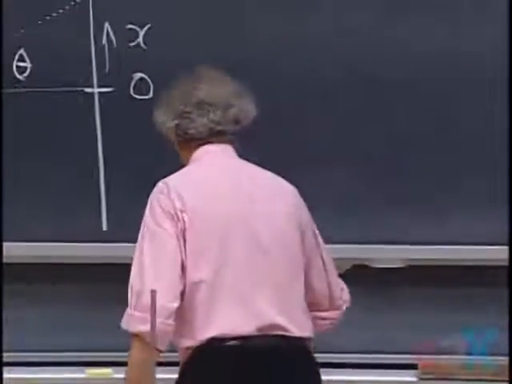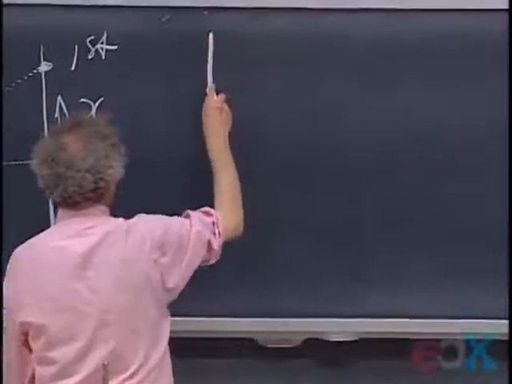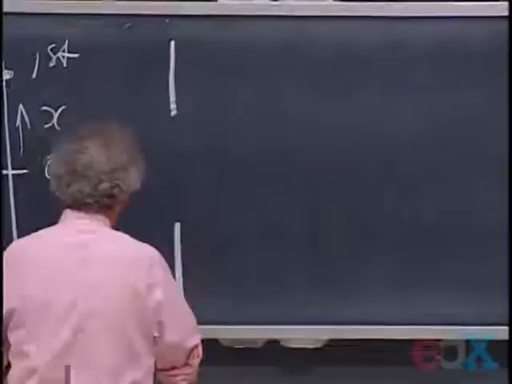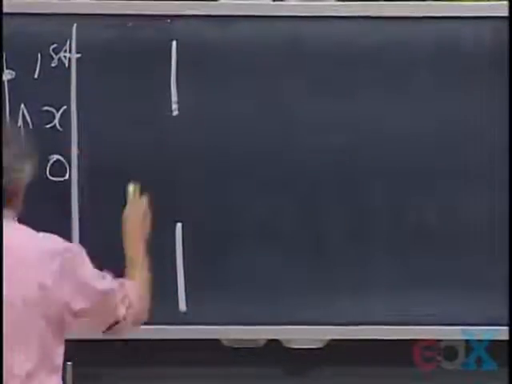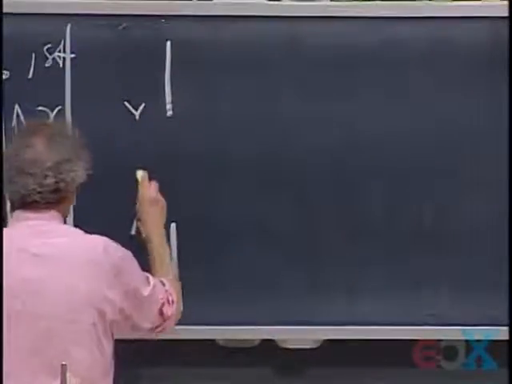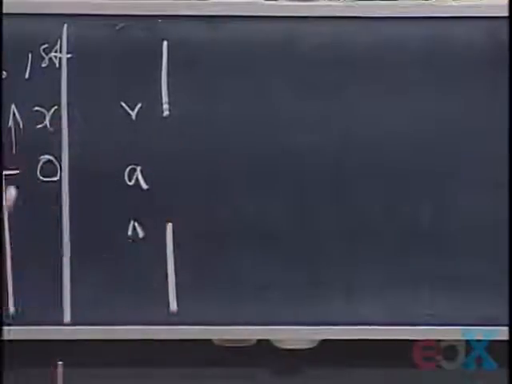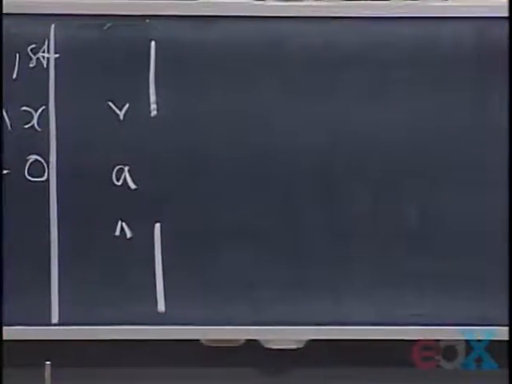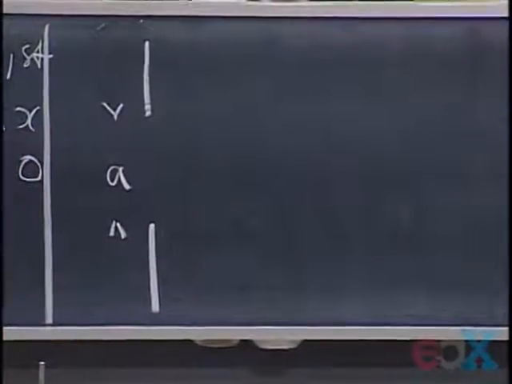So let me here now have a single opening, and this opening is a slit perpendicular to the blackboard, and the opening is A in size, a single one.